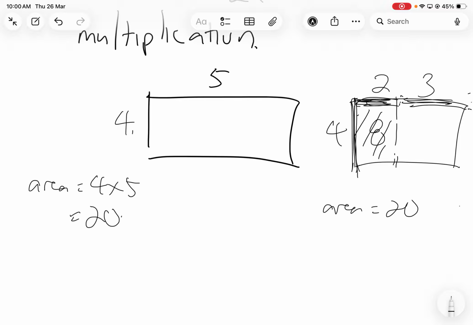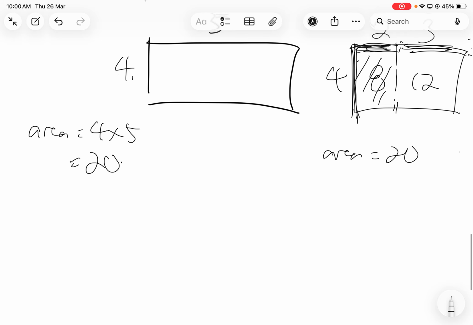Why? Because here is 4, here is 3, so 3 and 4, right? So I have 12. So 20 is the same area as these two added together. That's why we have 8 plus 12, right? Follow so far?